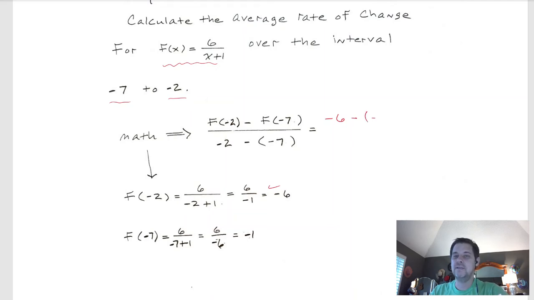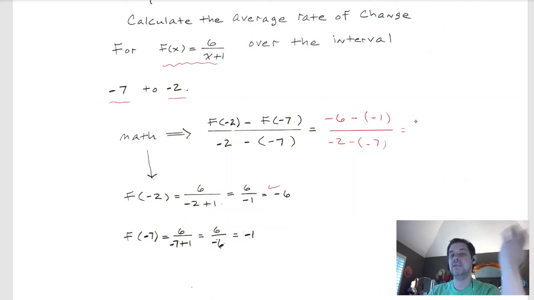So I need to do -6 minus -1. That's f of -2 minus f of -7. Okay, I got that. That's what I needed. And then I'm going to just recopy this. I'll do it in the next step, but you could do that however you want.